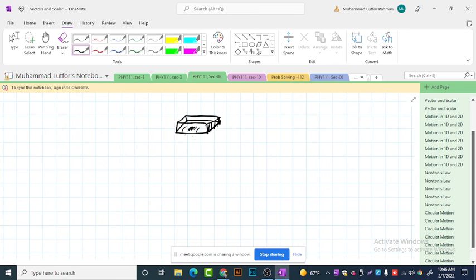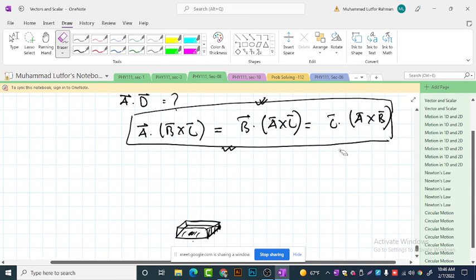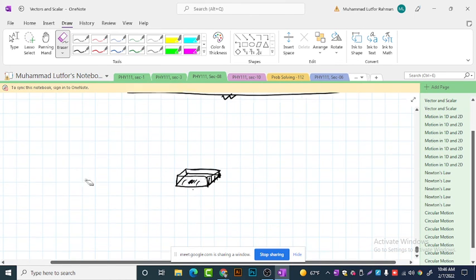Am I right? Yes, sir. That's why all these products will remain the same, because ultimately it is giving me the volume, which is a physical quantity, a scalar quantity over here. That's not going to change for a particular object. So that's why I write this equation as being the same.